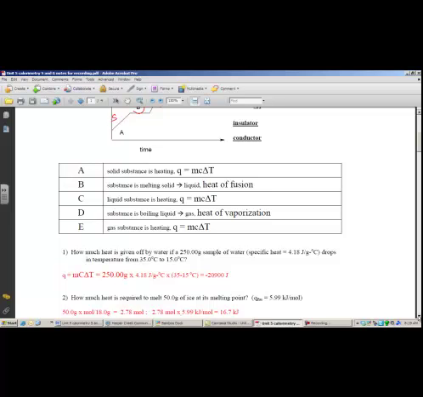So you would simply multiply the mass by the specific heat by the change in temperature, and that would actually give a loss of 20,900 joules.